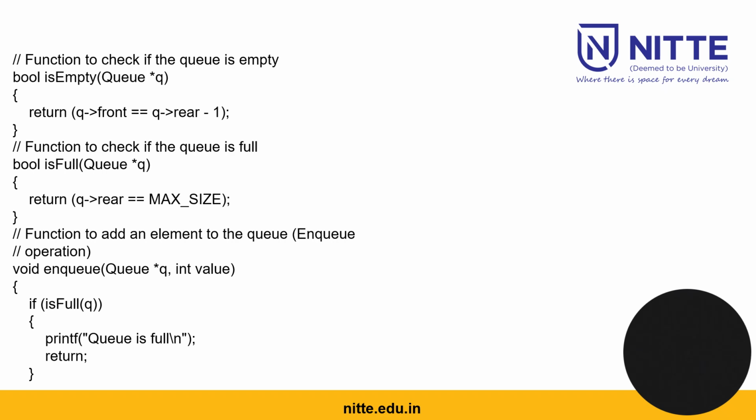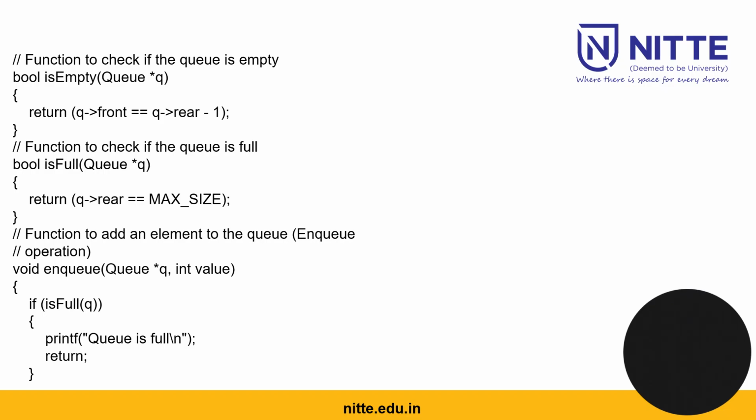Now we will check if the queue is empty or not. So for that, as I already told, we will use a function called isEmpty in a queue. So this function is used to what? To check whether a queue is empty or not. So I will write bool isEmpty q star q. Then it will check this condition, that is q implies front is equal to q implies rear -1.